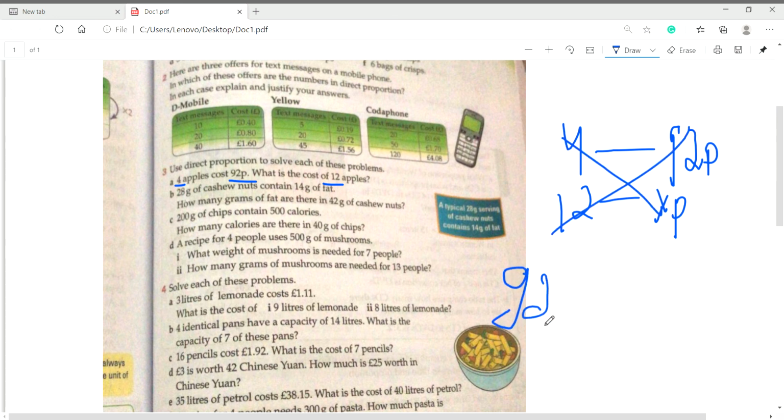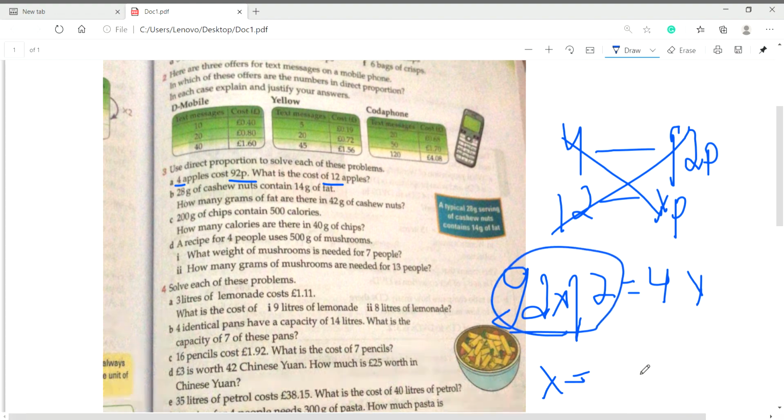92 multiplied by 12 is equal to 4x. I made a mistake here, this is 4x. X will be 92 multiplied by 12 divided by 4, and when I do it I can simplify it.